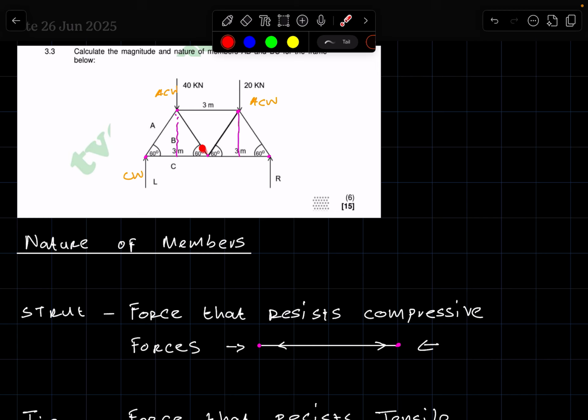If you look at this triangle, 60 degrees here, 60 degrees there, meaning that's 60 degrees, which means this is an equilateral triangle, meaning sides are equal, angles also equal. So if this side of this triangle is 3, it means this is also 3, and that's also 3. Similarly, with all the triangles, you have 60, 60, that's 60, meaning that's also an equilateral triangle. We know the one side is 3, it means this side is 3, and that side is 3 meters as well.